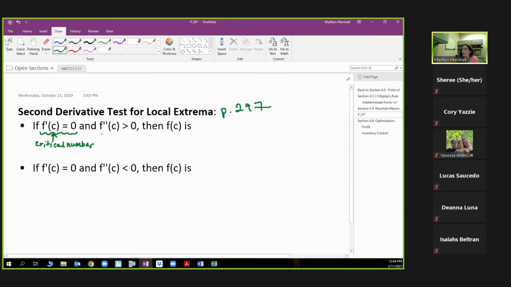And if f double prime of c is positive, if the second derivative is positive at some point, what does that tell us about the concavity of the function at that point?